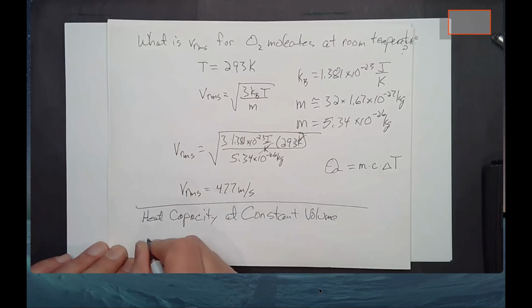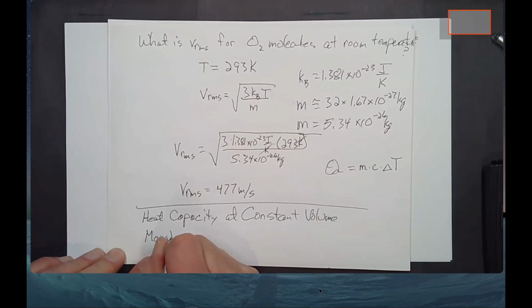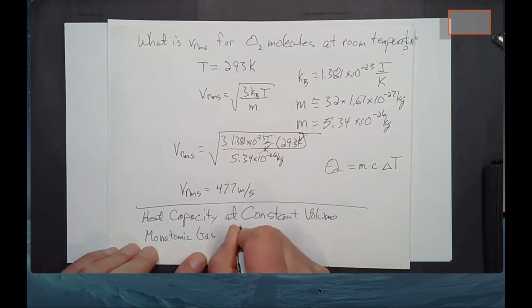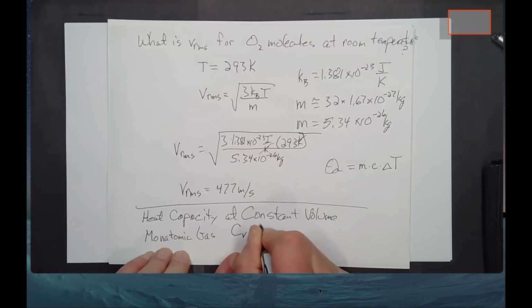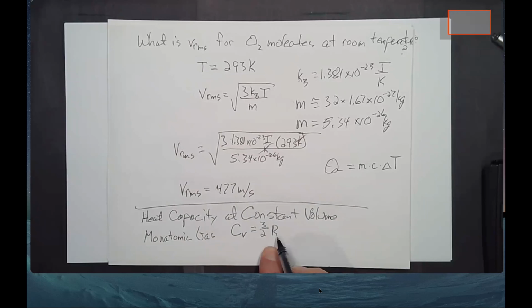And it turns out for a monatomic gas, it's one value, and its C sub V is equal to 3/2 R. Now, because we've got that constant here, this will be the molar heat capacity.